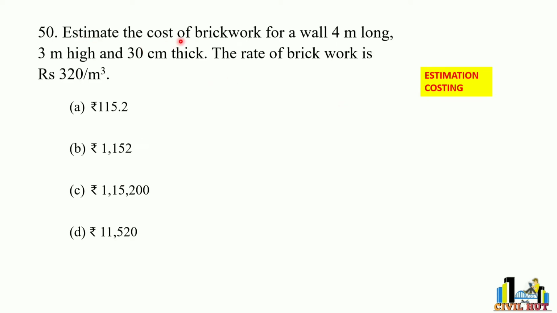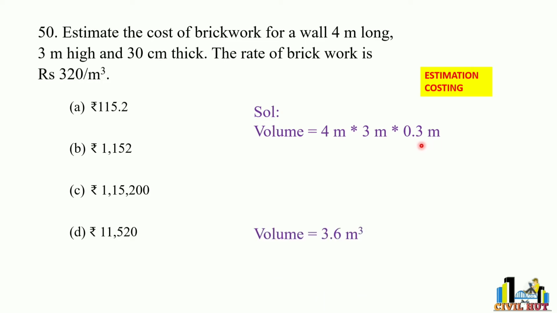Estimate the cost of brickwork for a wall 4 meter long, 3 meter high and 30 centimeter thick. The rate of brickwork is 320 per meter cube. Solution: the volume is 4 meter long, 3 meters height and 30 centimeters, nothing but 0.3 meters.